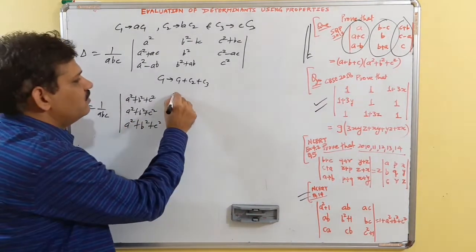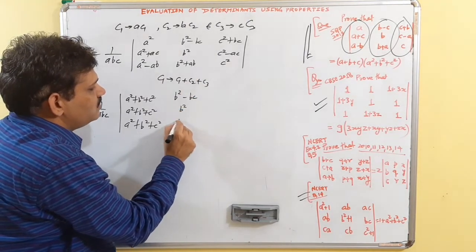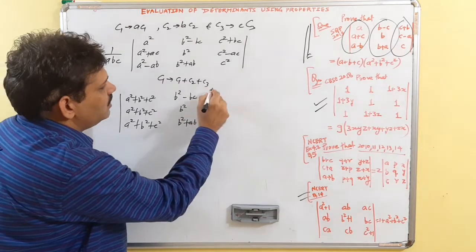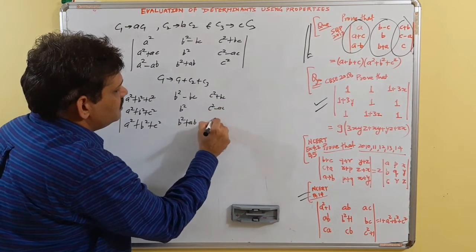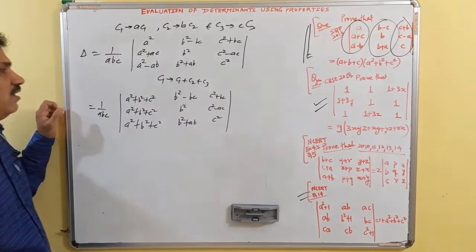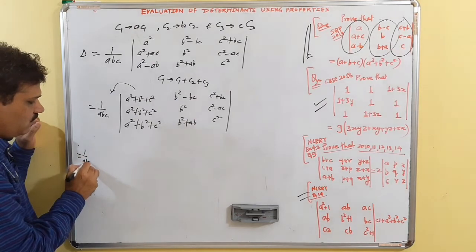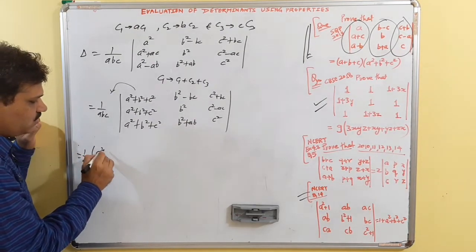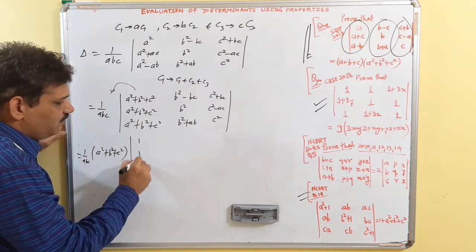So what we are left with is B square minus BC, B square, and B square plus AB. Again here C square plus BC, C square minus AC, C square. We are taking A square plus B square plus C square common, so we get 1, 1, 1.